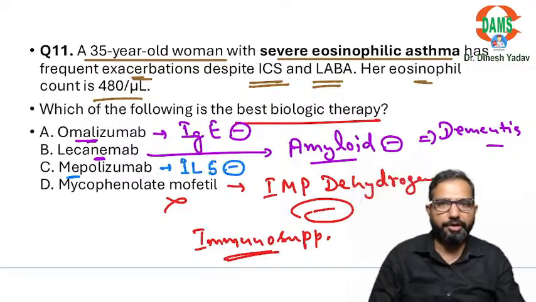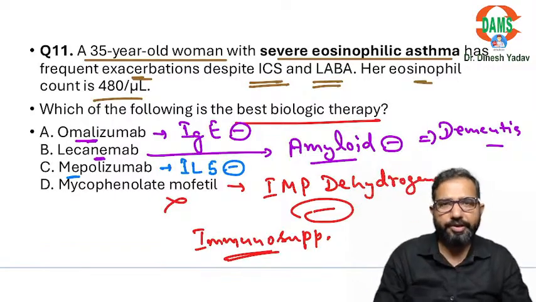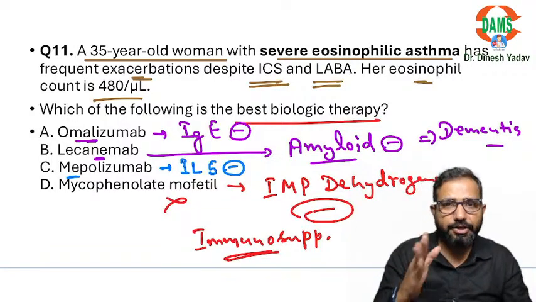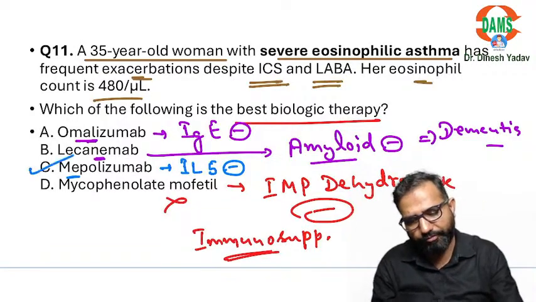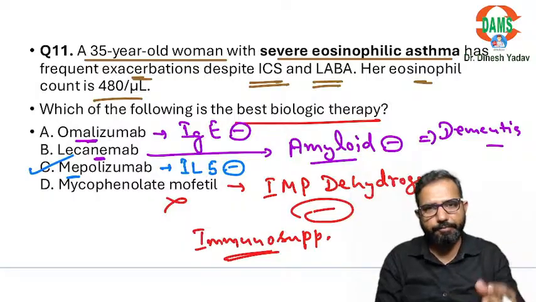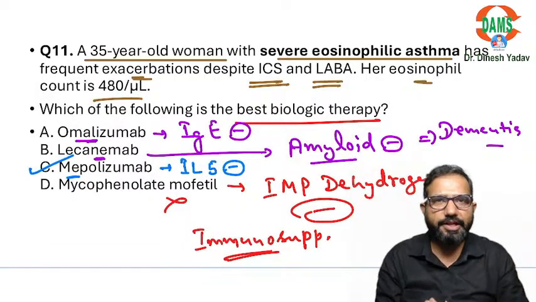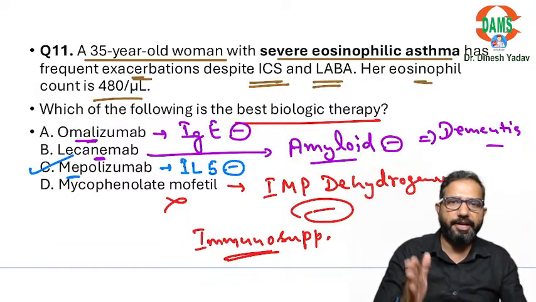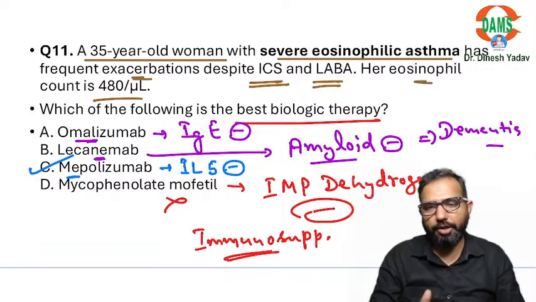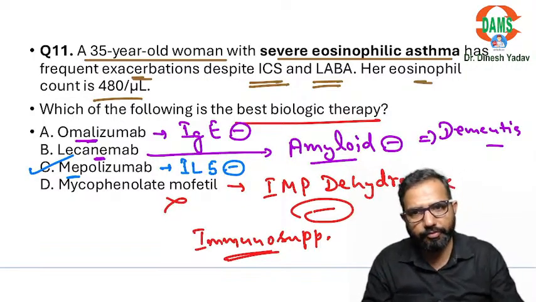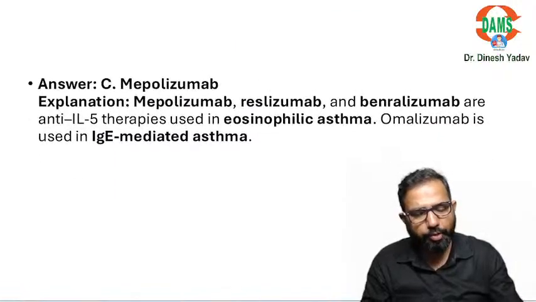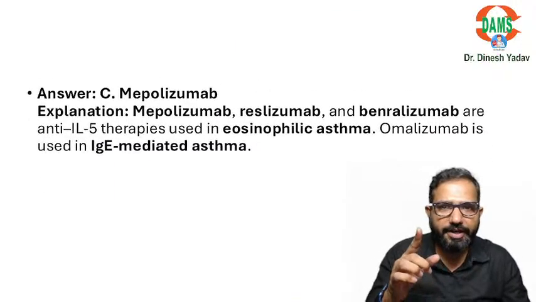We have three important drugs: mepolizumab, reslizumab, benralizumab. These are interleukin 5 inhibitors approved as biological therapy for severe eosinophilic asthma. Don't forget these three drugs.